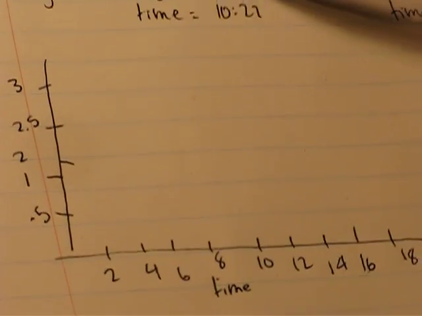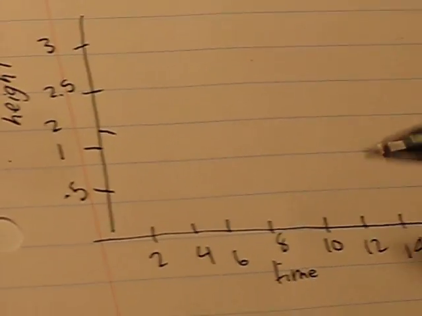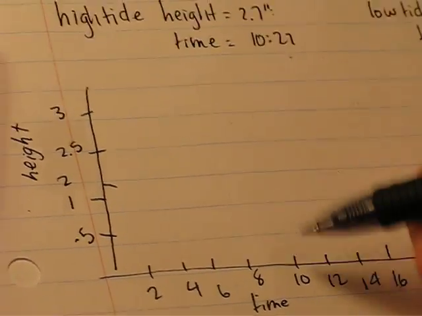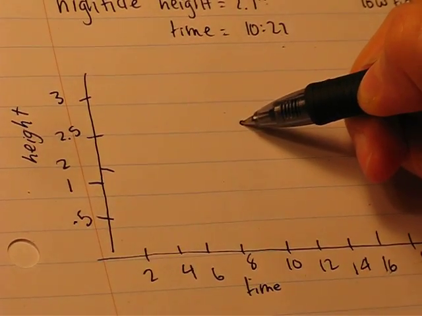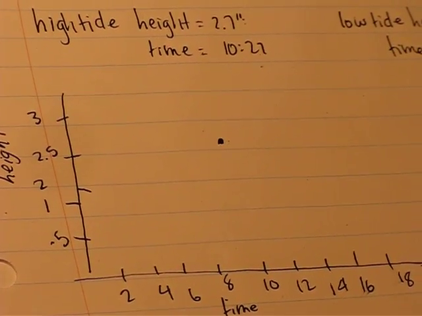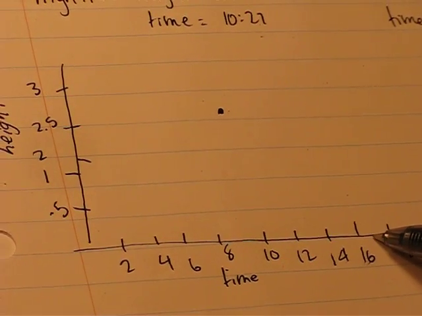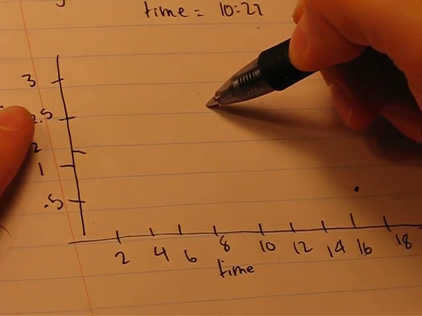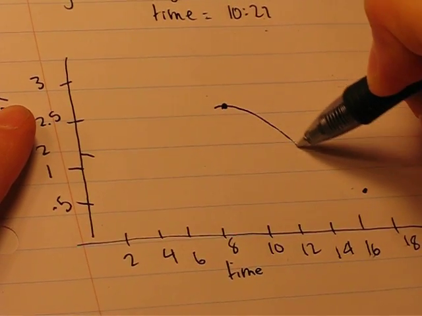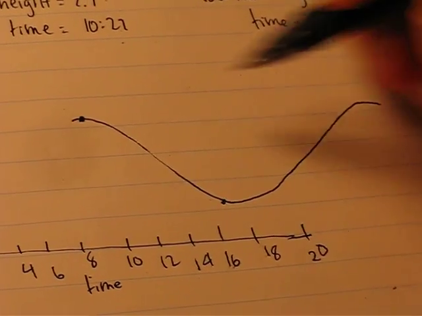So now we will graph these 2 points. 10:27 is the time, meets up with 2.7 inches around here, and the time of 17:07 meets up with the 0.4 inches here. And right here they form part of a cosine wave.